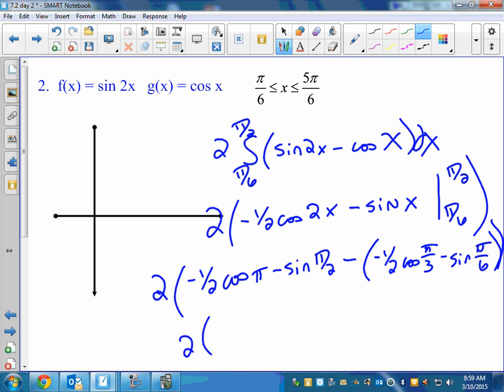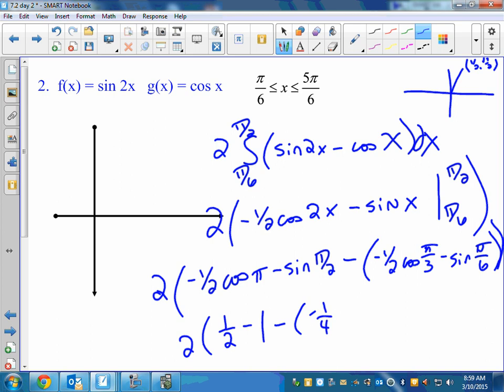So then it's up to you on how much work you really show on this. Cosine of pi is negative 1 times negative 1/2 is positive 1/2. Sine of pi halves is 1, minus, cosine of pi thirds is 1/2, so that's 1/2 times negative 1/2, negative 1/4.